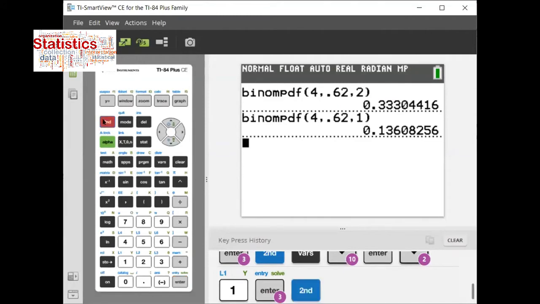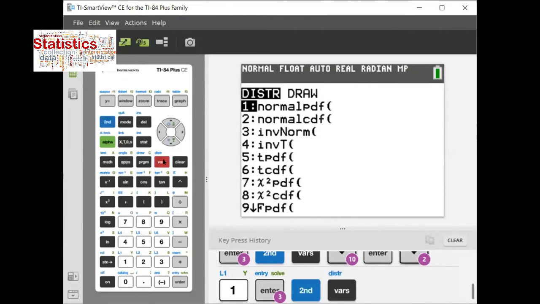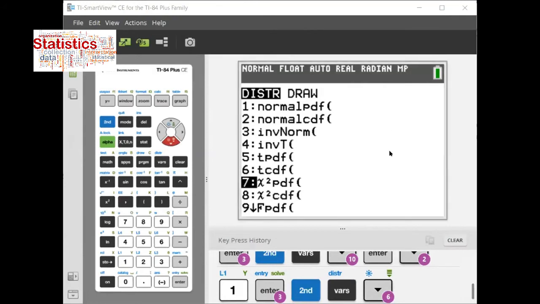So now let us find the probability of having exactly 3. Let us find our binomial PDF.